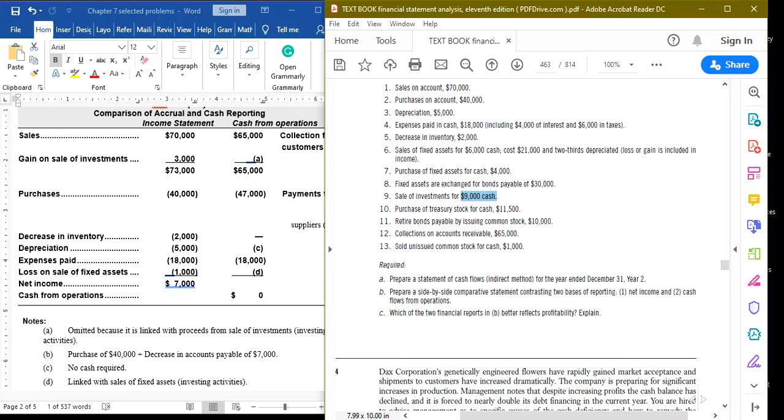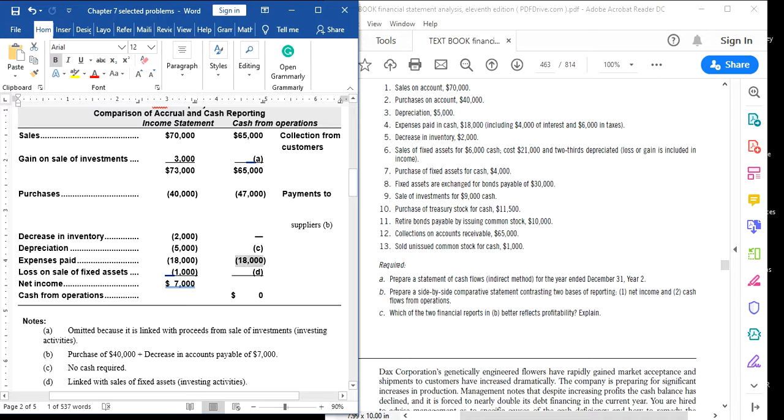$18,000 including $4,000 of interest and $6,000 of income tax, and the sum would be negative also, cash out. Loss on the sale of fixed asset, I think we have been through that, but there's no cash activity over here linked with the sale of fixed assets, investing activity again.